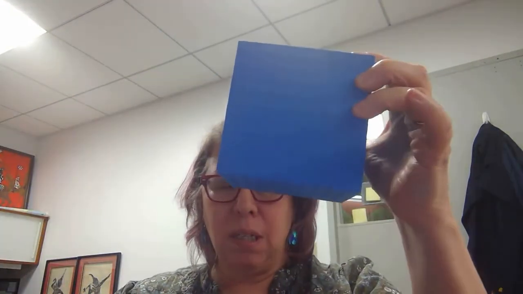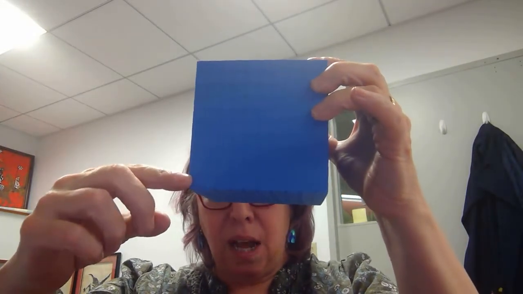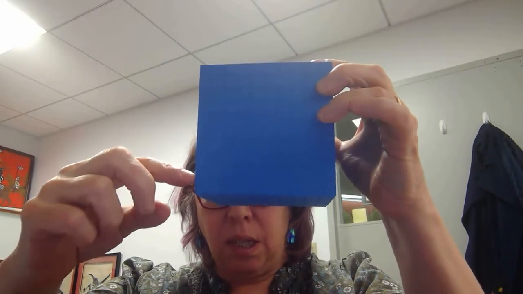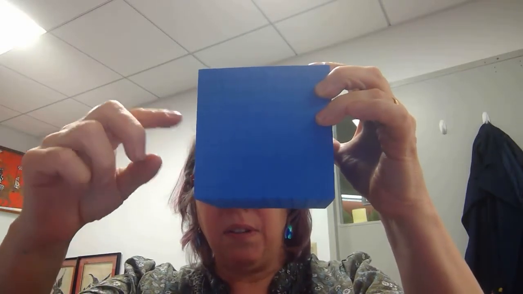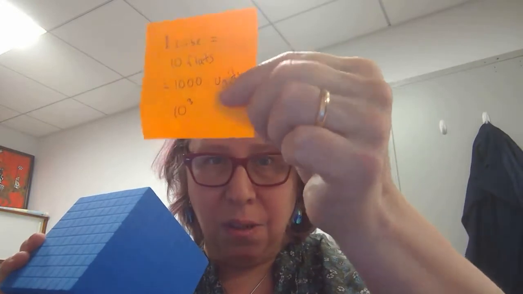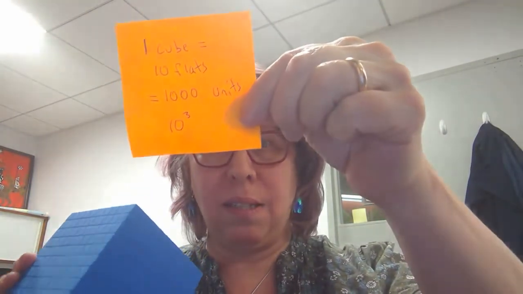How many units are in this cube? So think about one flat is 100, 100, 100, 100, or you can go 100, 200, 300, 400, 500, etc. How many units do you have for one cube? So one cube, you've got 10 flats, or 1,000 units.